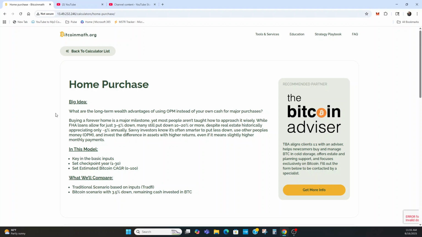But what most people I don't think understand is that there's a lot of programs set up through the federal government to help make buying your first home easier, right? Be more cost effective, be easier to manage. The federal government is incentivized to get more people to buy homes.